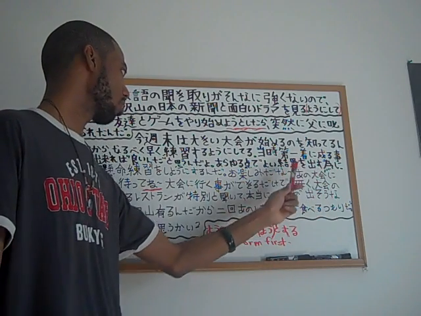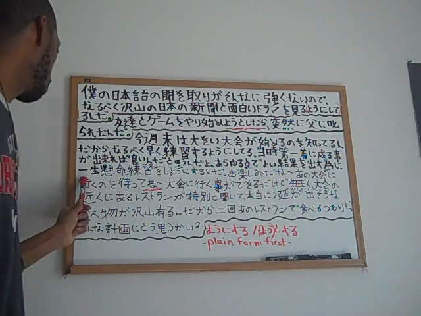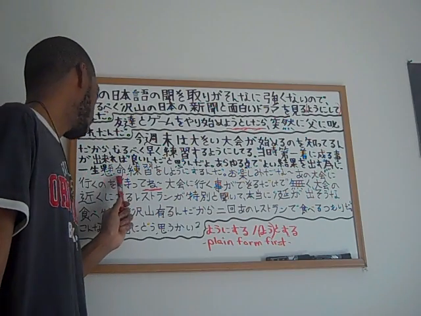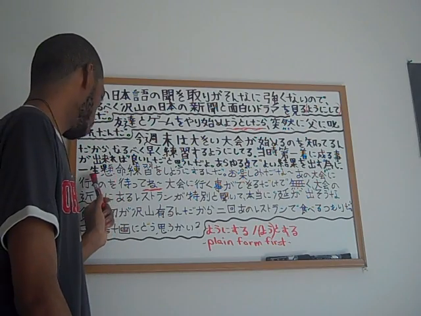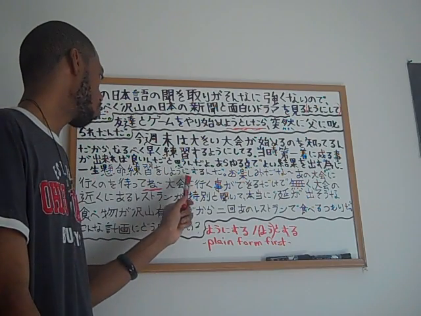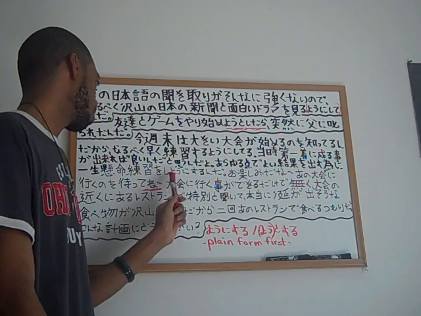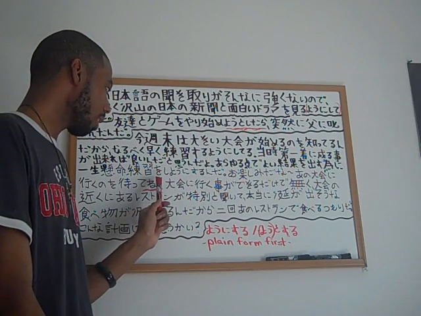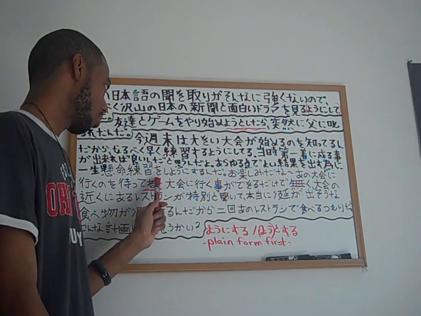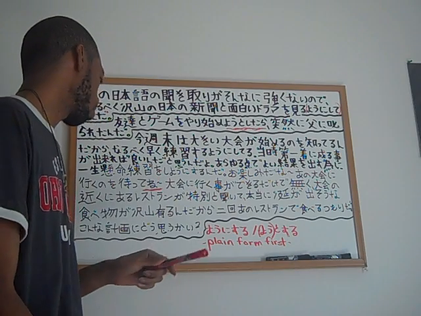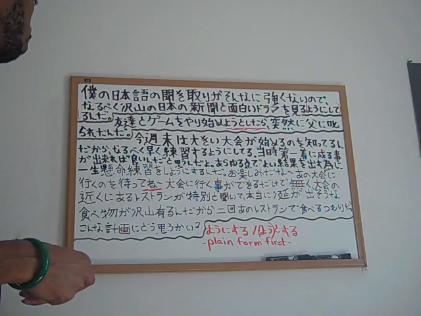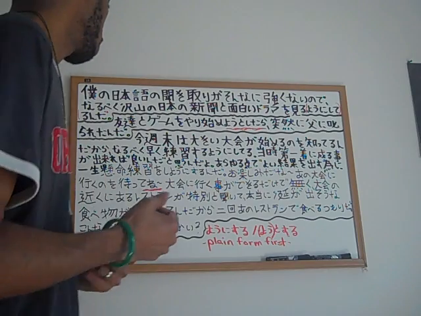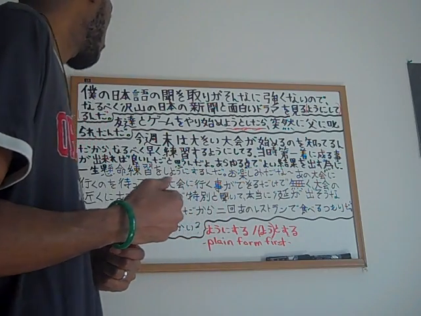So for these good results to appear, 一生懸命. Now 一生懸命 means diligence, working hard. So 一生懸命練習をしようにするんだ. So 練習をしよう. Let's see, where are we? Something is weird here.